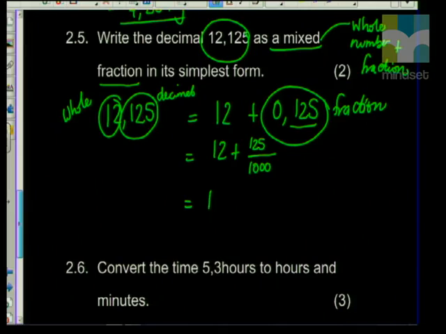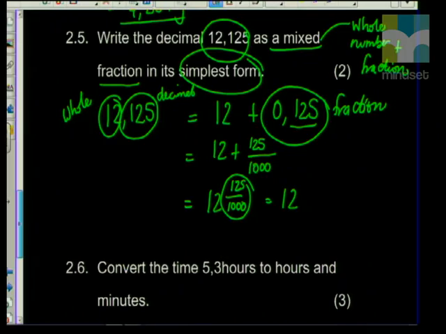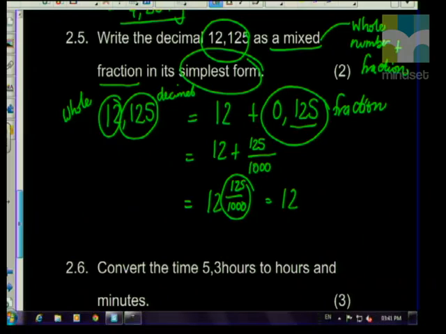And I could write my answer as 125 over 1,000, except that they've told me to convert it to its simplest form, and that's not the simplest form. So therefore, I would then have to divide the top and the bottom of this number to get to my simplest form. I would maybe start with dividing by 5. So it's probably easiest on your calculator.